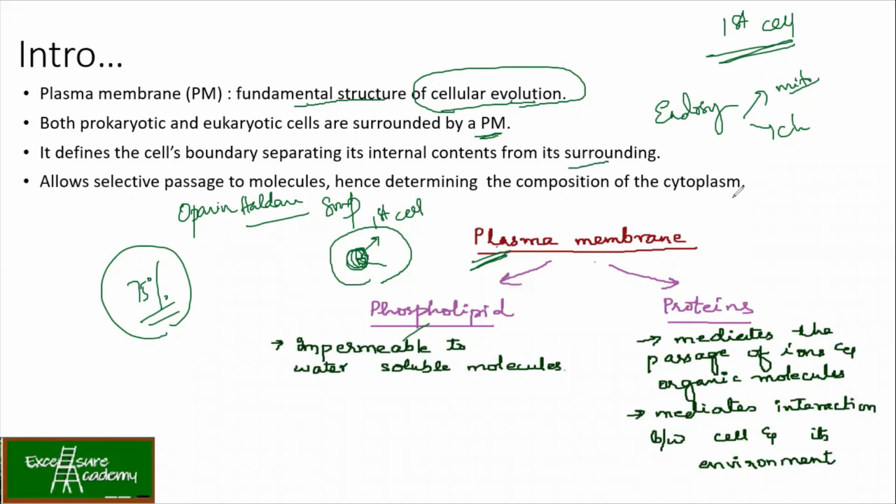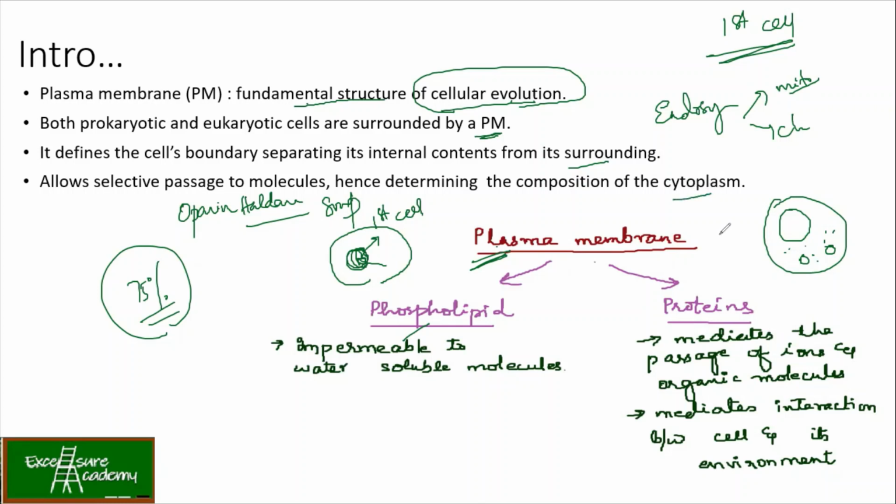So this we know, right? In the case of eukaryotes, you have got cytoplasm, then the nucleus is there. The nucleus has its own components, and the cytoplasm has its own components. Mitochondria, chloroplast, all of these have their own components, and everything is defined by the plasma membrane. Moreover, it allows selective passage of molecules, hence determining the composition of the cytoplasm.